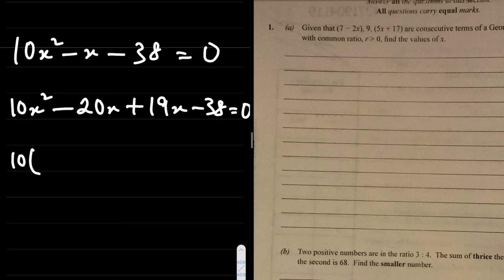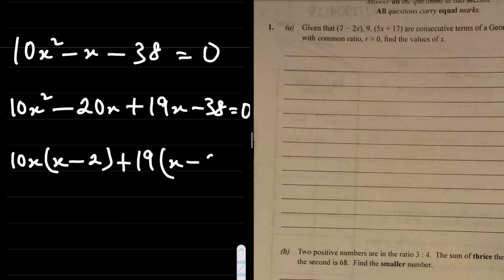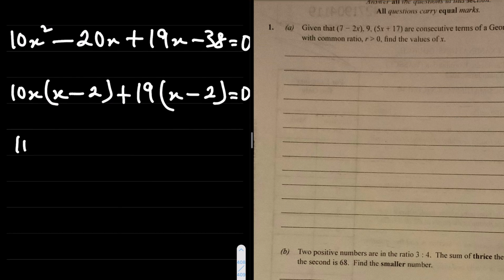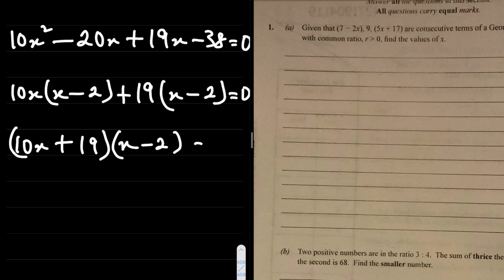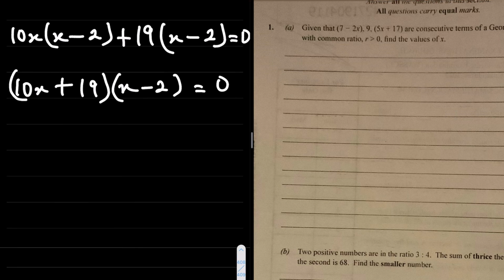And that's the same as 10x into bracket x minus 2 plus 19 into bracket x minus 2 equals 0, which simply means 10x plus 19 times x minus 2 equals 0.